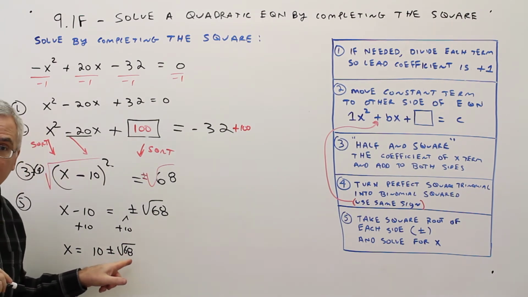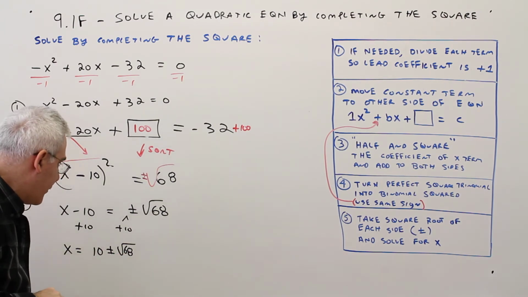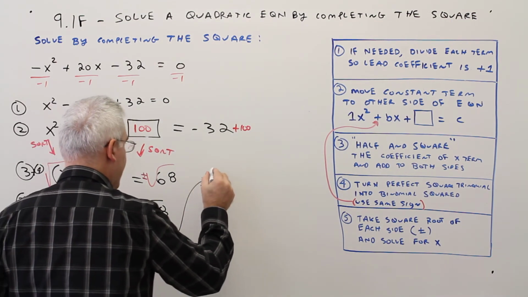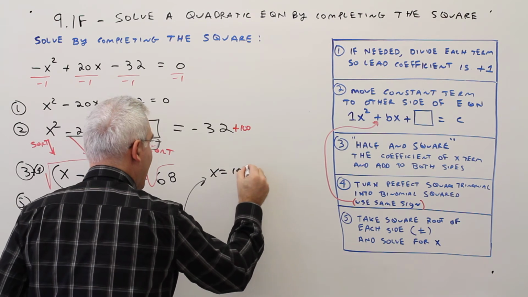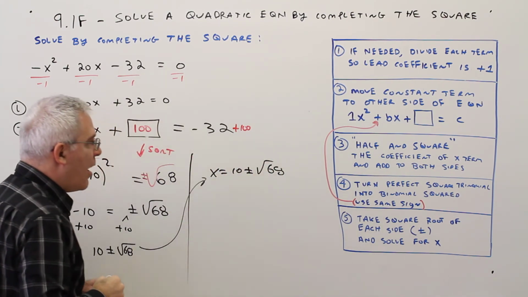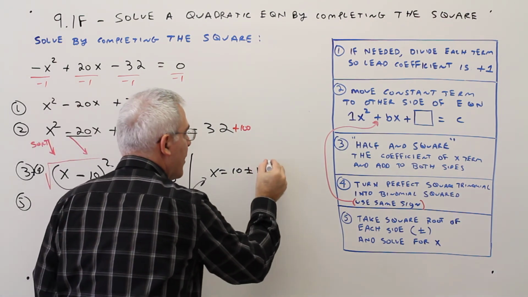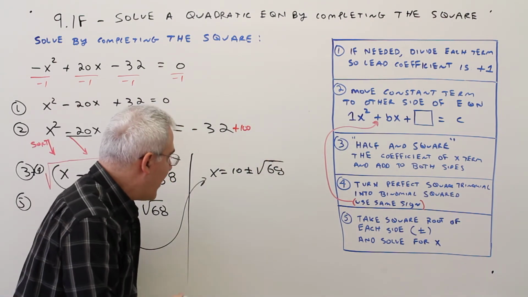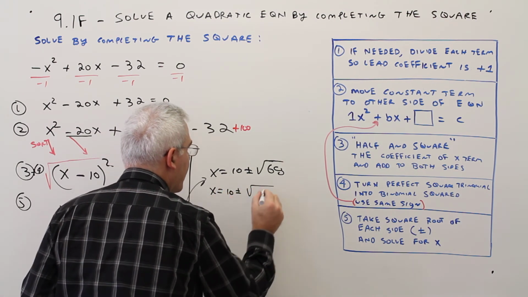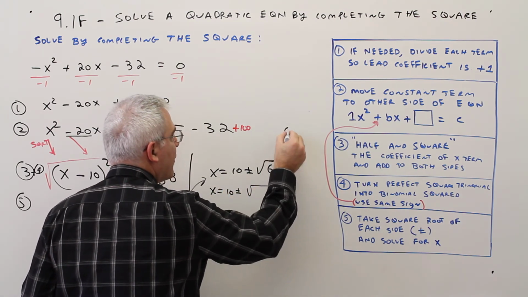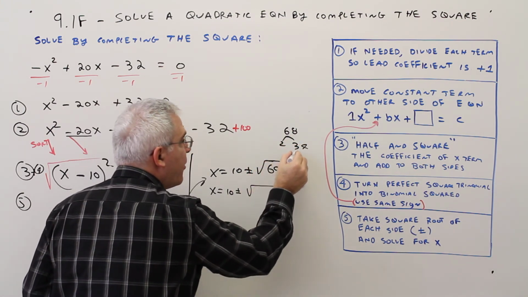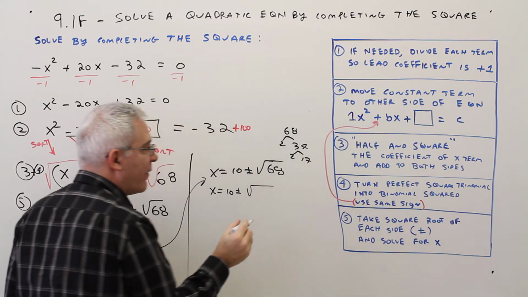And we always want to simplify our radicals. So I've got x equals 10 plus or minus the square root of 68. 68, I believe I could factor as follows. 2 by 34. 34 is 2 by 17.